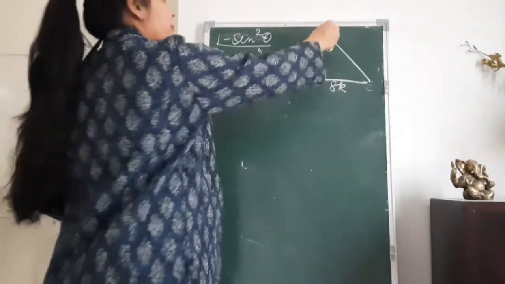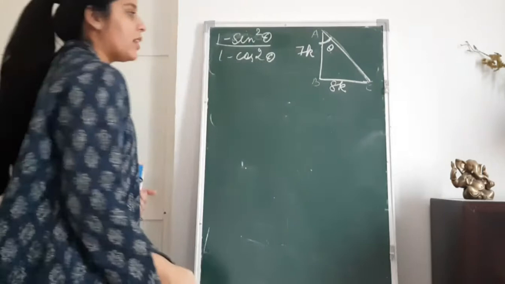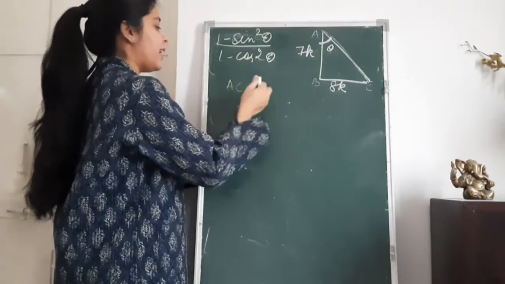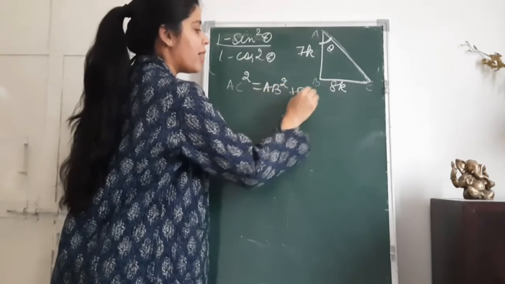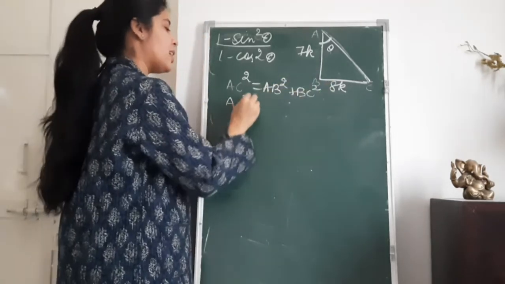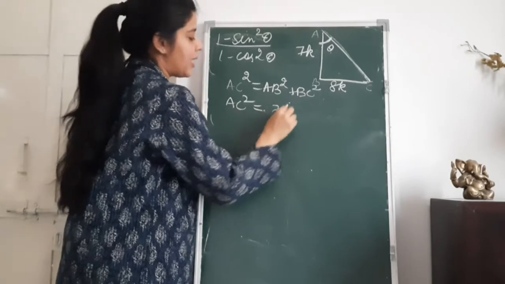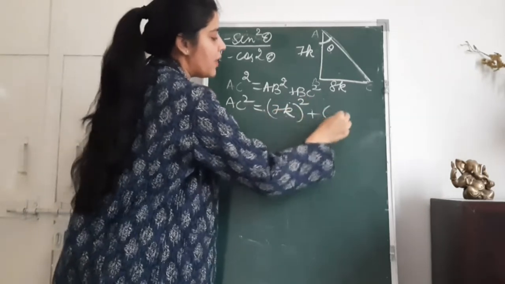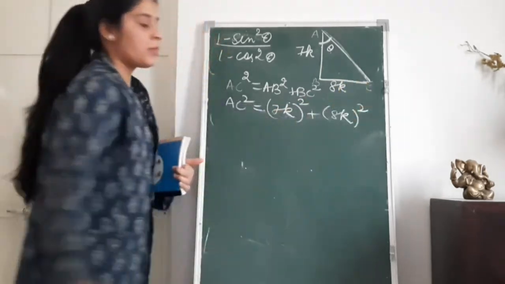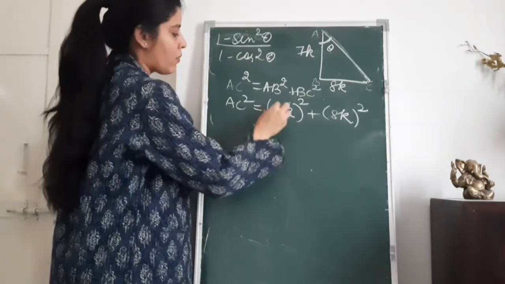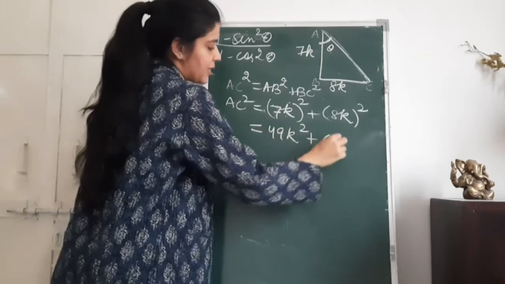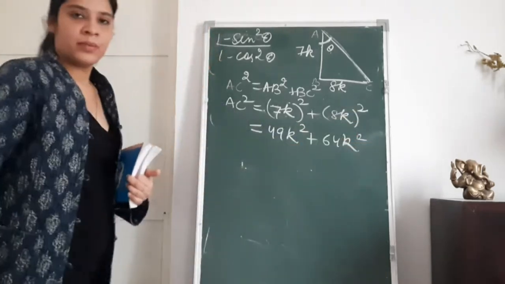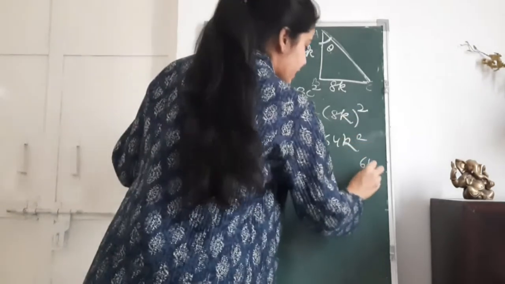Using this and using Pythagoras theorem, can I say again AC square is equal to AB square plus BC square? AC square is what we have to find out, and AB is 7k whole square and BC will be 8k whole square, right? 49k square plus 64k square, right? 64 plus 49 is 113.